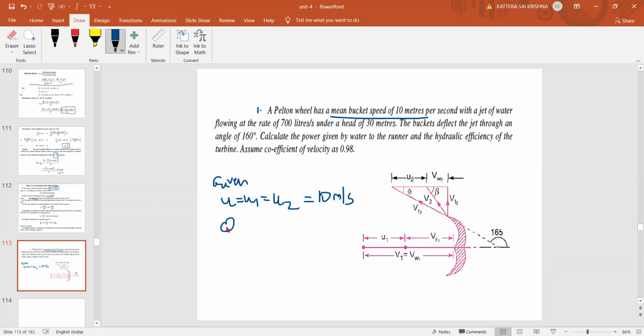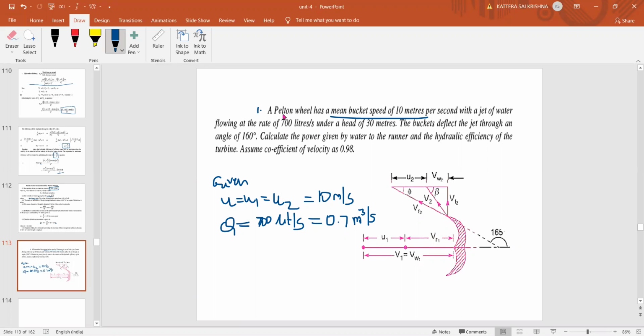So discharge Q is given, 700 liters per second. You need to convert this into meter cube per second, so we divide 700 by 1000, which gives 0.7 meter cube per second.